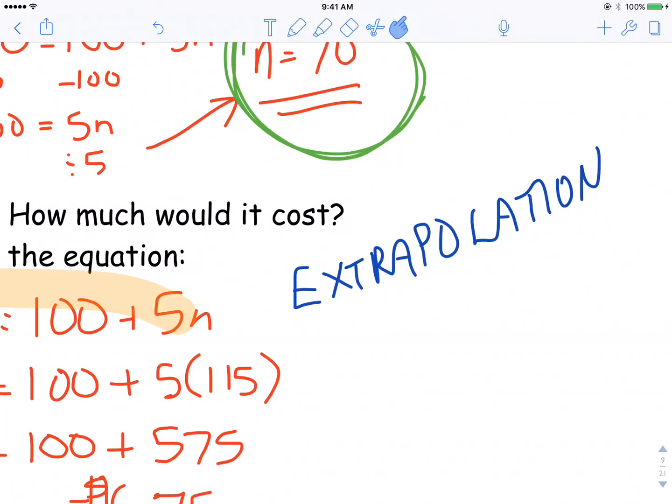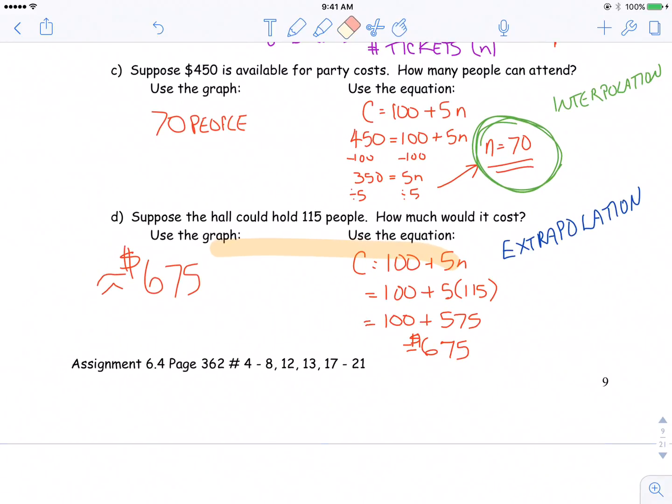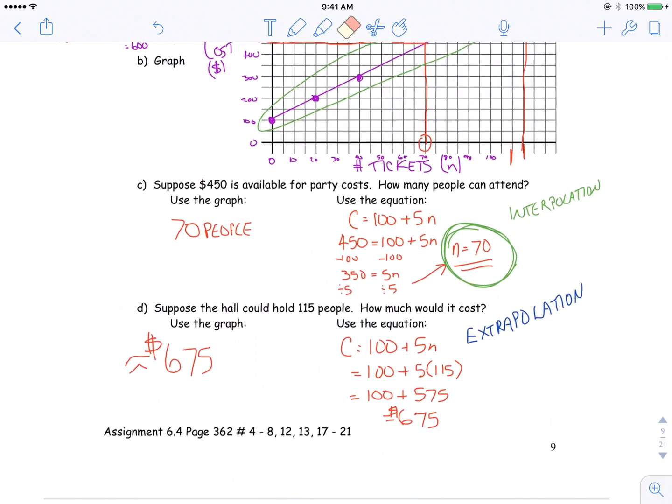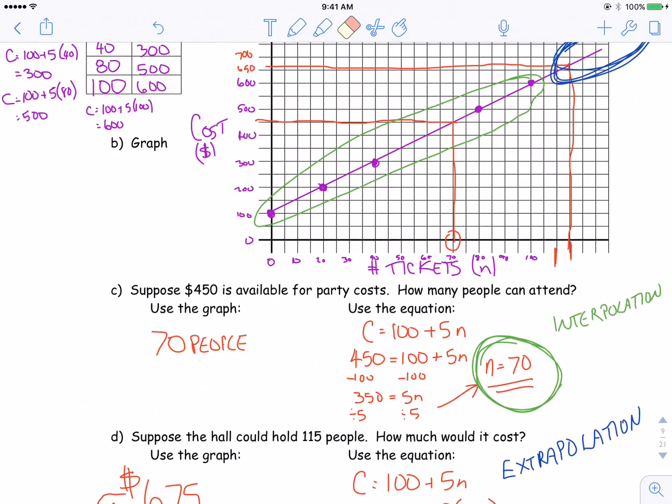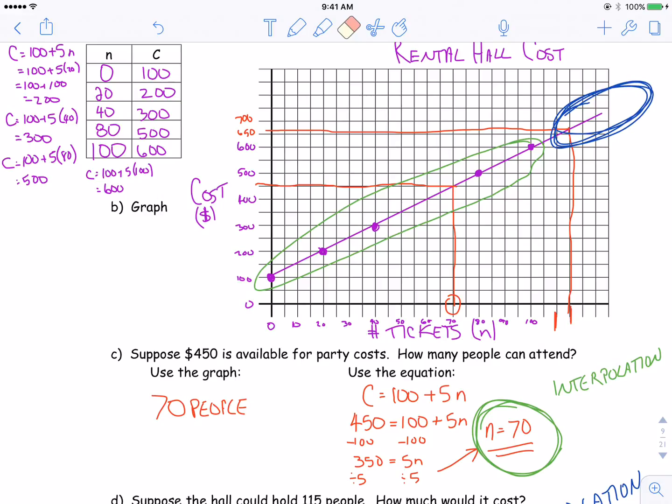When I'm looking at data outside the normal parts of the graph I've already created. So inside is interpolation, outside is extrapolation. Just a couple of new terms that you might come across at some point.